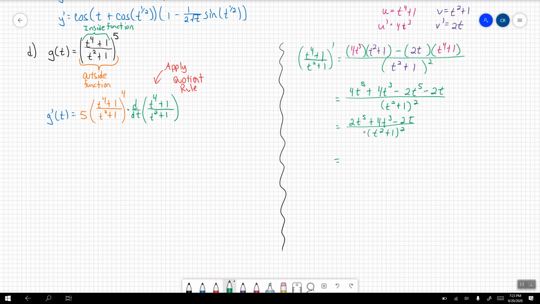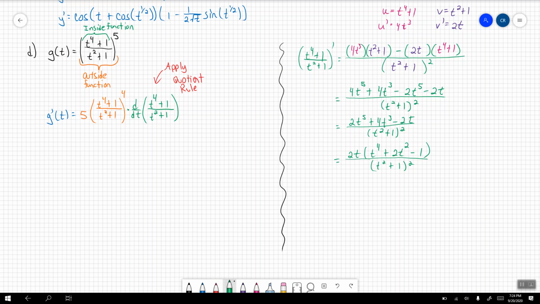The numerator, I can factor out a 2t, and what that's going to leave me with is t to the fourth plus 2t squared minus 1. Denominator, I still am left with t squared plus 1 quantity squared. Now, I don't believe anything else factors here, so this is now my final derivative for that quotient rule.